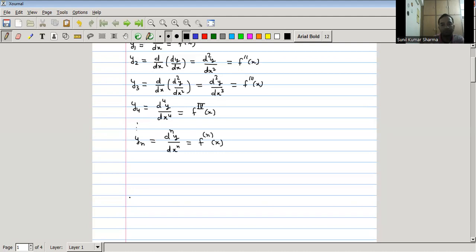So in dy upon dx, this y is the dependent variable, and this x is the independent variable.